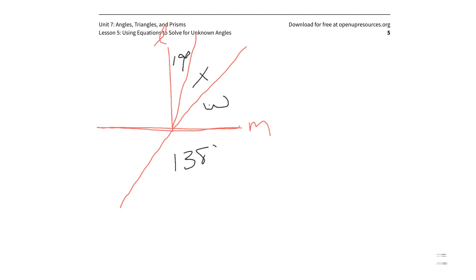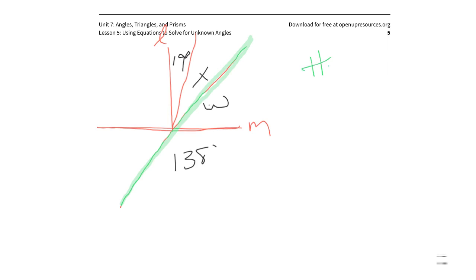Okay, so number 2, it wants us to find W. So we know that this right here is a straight line. We know the measure of a straight line is 180. So on number 2, let me write it up here.